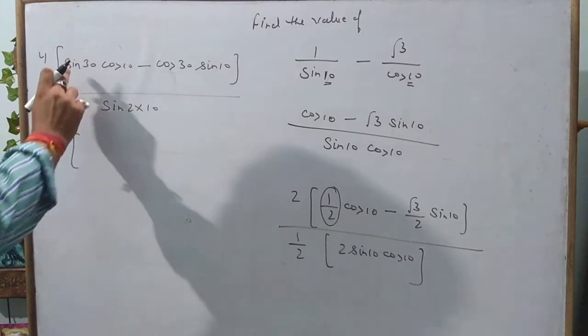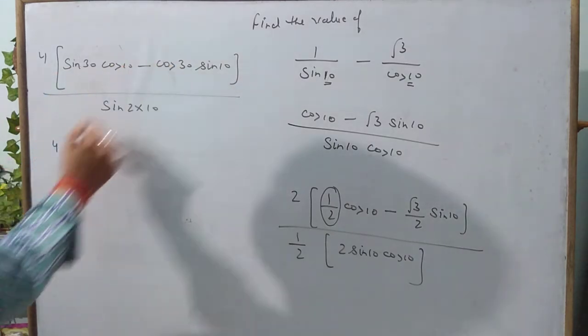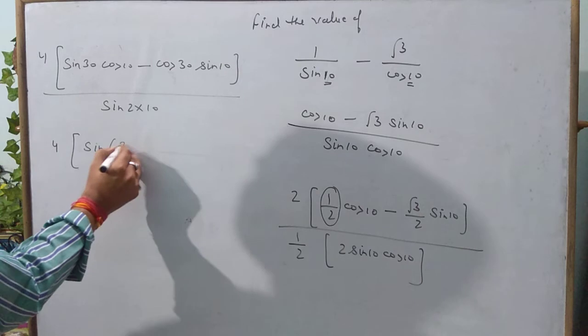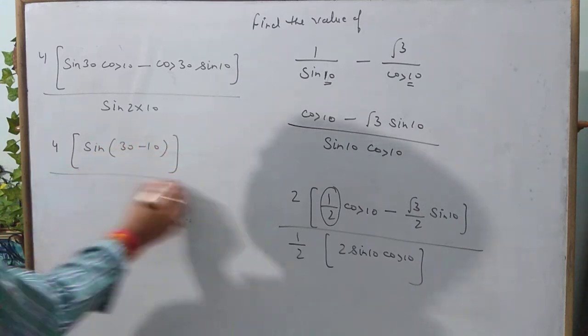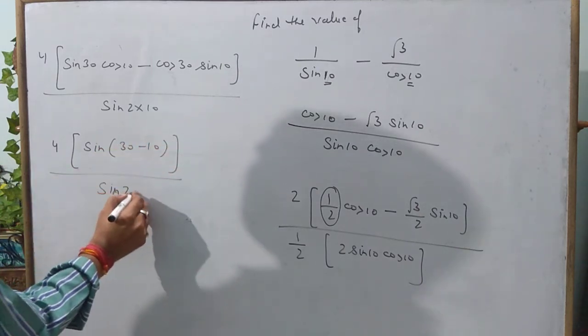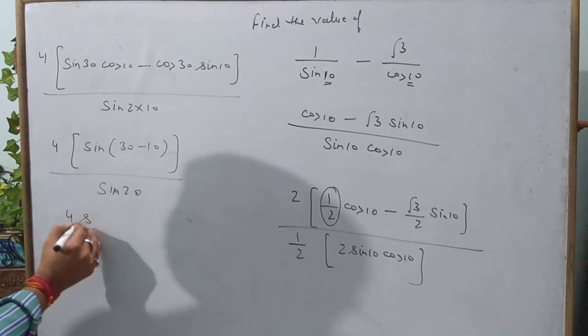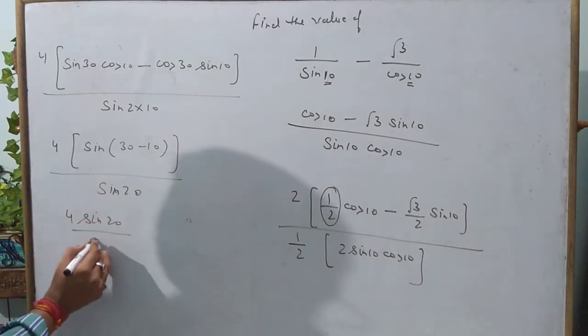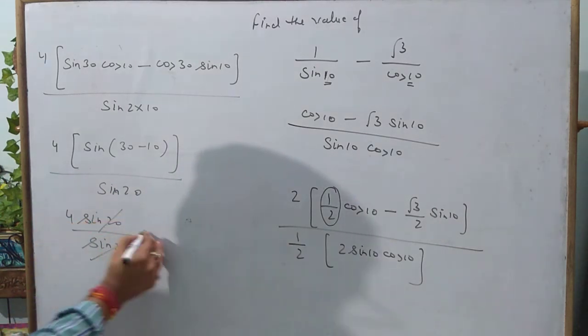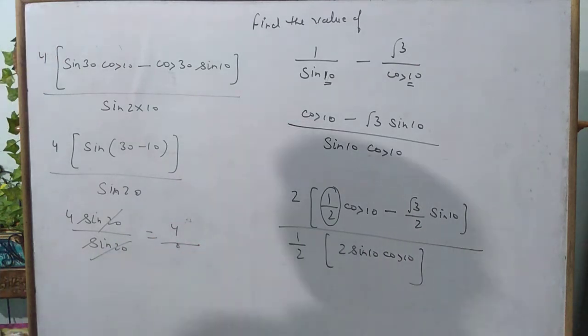In the numerator, sin A cos B minus cos A sin B is sin (A minus B), so 30 minus 10, sin 20. So 4 times sin 20 upon sin 20, it cancels, and we get the result 4. This is the way we can solve the values of multiple and submultiple angles.